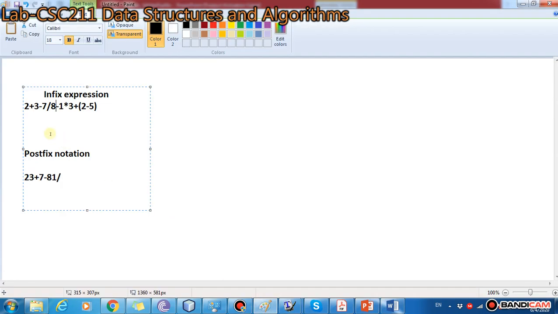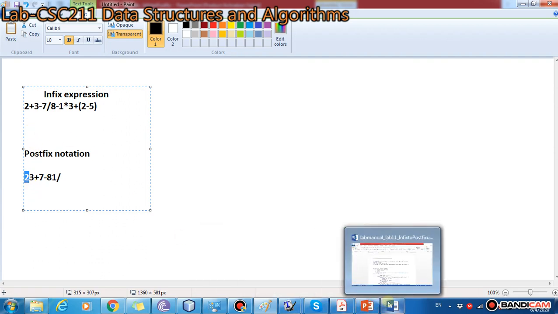Given an input, an infix expression, you have to get this postfix expression, and this is your output. This would be the output of the program or the algorithm. So if I say print 2, it means bring it to the output string, or add it to the output string.